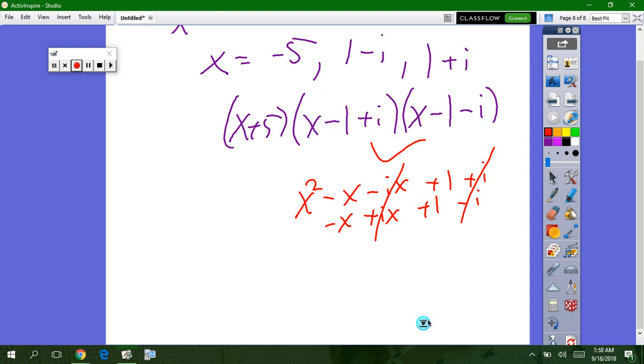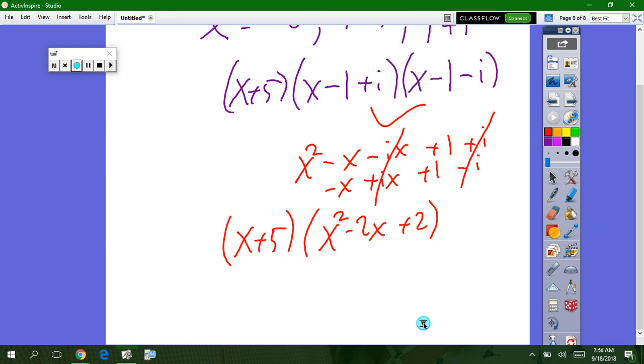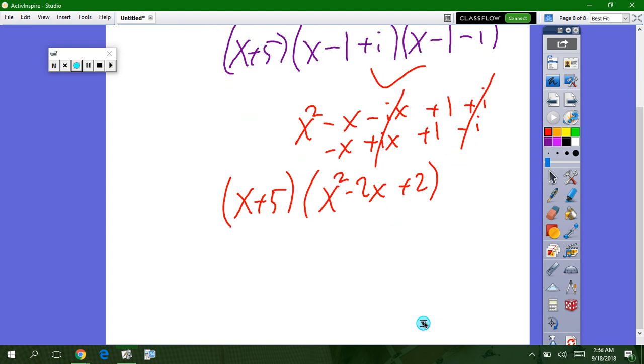So, x squared minus 2x plus 2, times x plus 5. Am I done? What do I got to do now? Distribute him through, right? It takes a little bit of time, doesn't it? But it's something that's not too shabby.